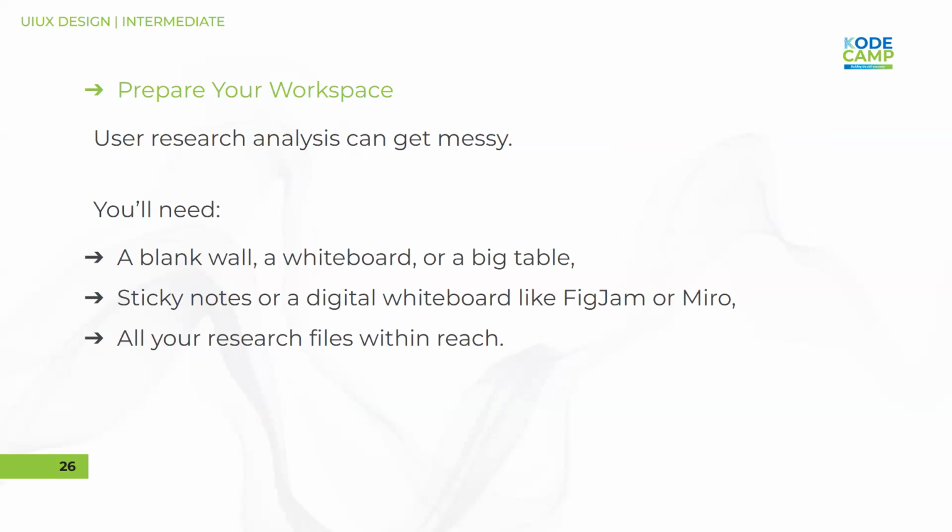Miro also has provision for that. Those are digital whiteboard software. And then all your research files have to be within reach. With this, it's going to save you tons of frustration later, because you have space and you can reach any data you need.